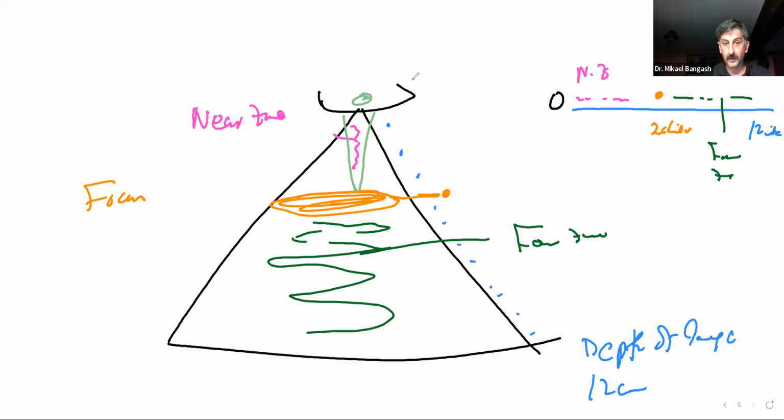This means that this is the point at which the beam is going to be at its narrowest. And then it will diverge out.